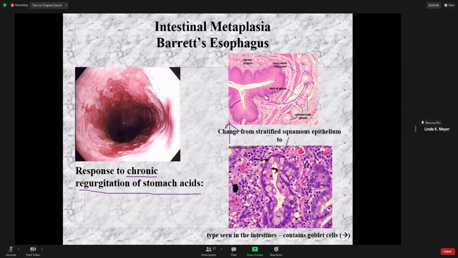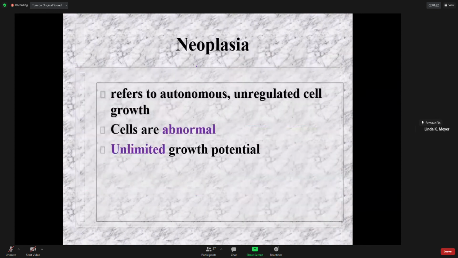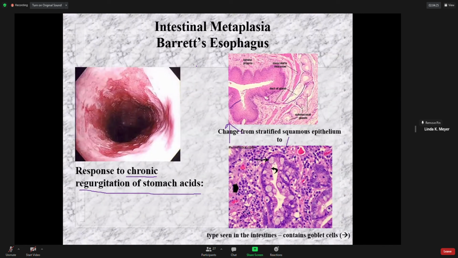But at some point, they may progress to premalignant changes and malignant changes, which means cancer, in both the smoking situation and the acid reflux situation. And I'll show that association momentarily.